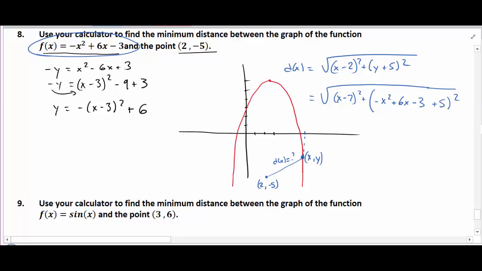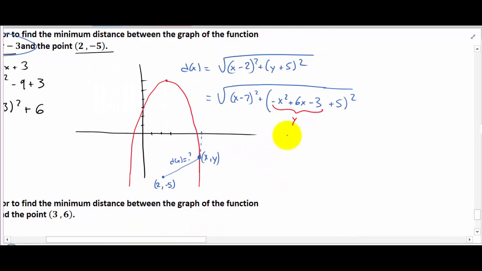So the function d of x is the square root of (x minus 2) squared, don't bother expanding this, plus (negative x squared plus 6x plus 2) squared. You could expand it if you want to, but it's too cumbersome, so I'm not going to expand it.